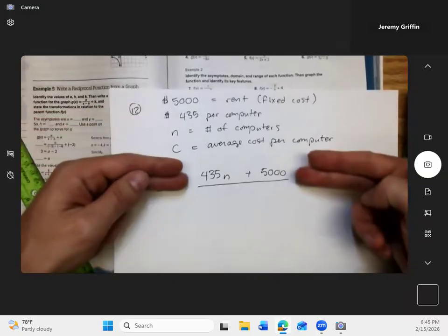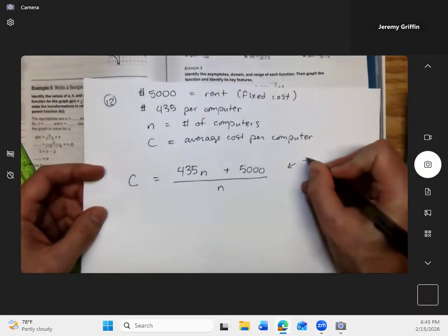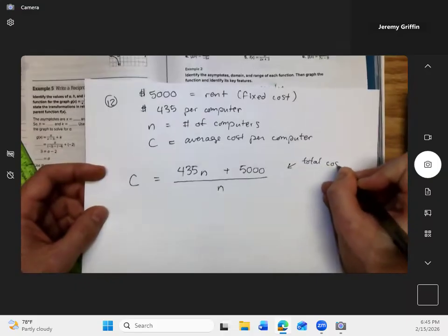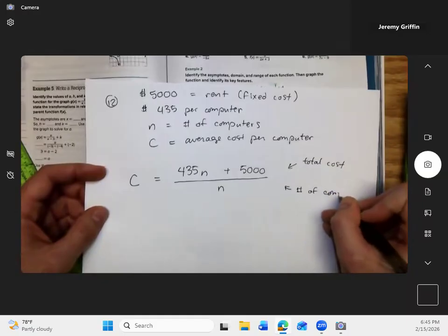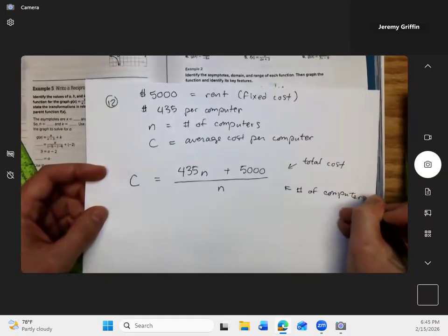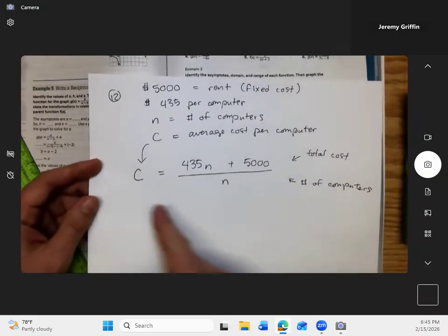And then that total cost is divided by the number of computers, which results in average cost. I think that's what we're looking for right there.